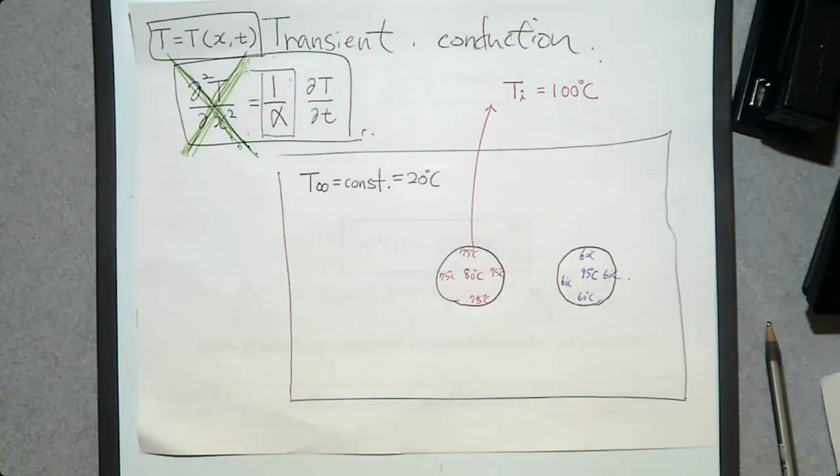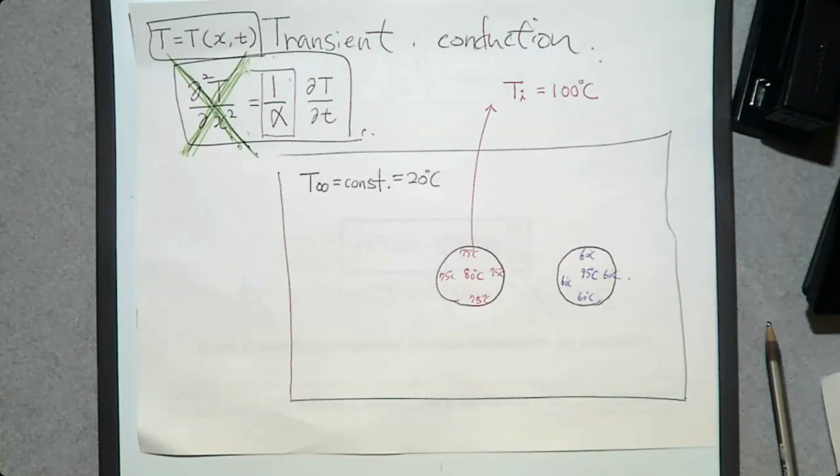That means we need the left-hand side of this equation because there is a significant temperature change. But in the other case, we can assume that the temperature of the solid is uniform regardless of the location. The center is almost 80. The surface is not too far, 75. So you can say that the temperature of the solid uniformly decreases, 80, 70, 60, 50.